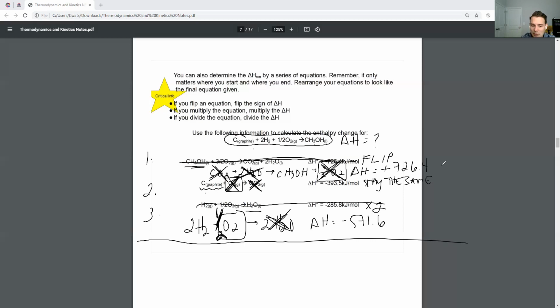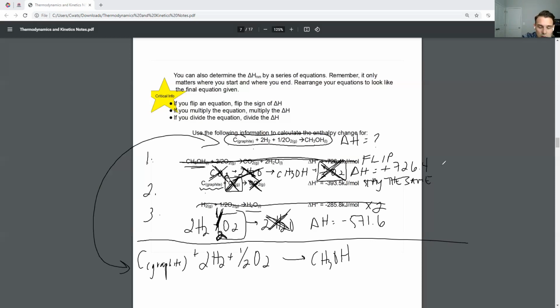Now let me add up everything that I have left. So I'm going to have the C is the graphite. I'm going to have 2 hydrogens and 1/2 of an oxygen, and that will give me CH3OH. And that's exactly what I needed to find, which is good. So that means my delta H, I'm just going to add them up.